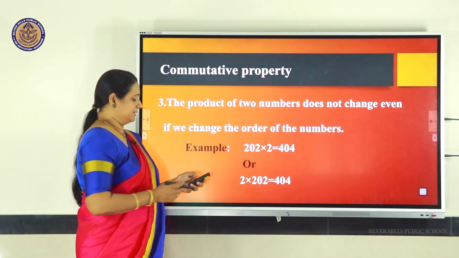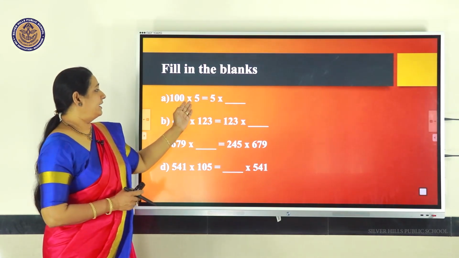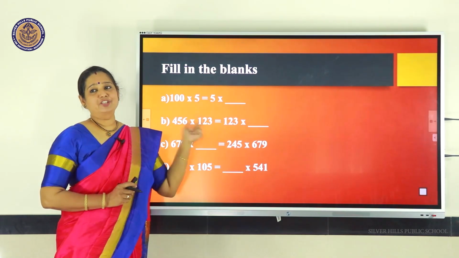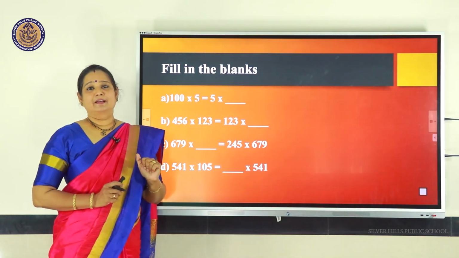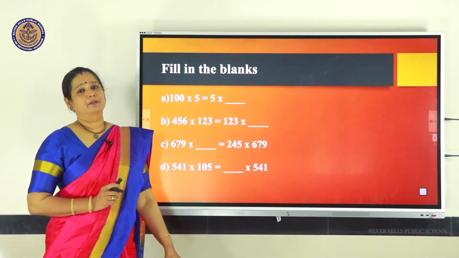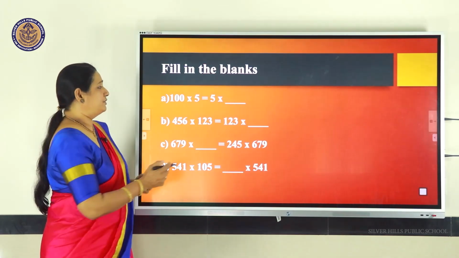Let's do some examples. Fill in the blanks. 100 into 5 equals 5 into dash. Which number will come here? Here you are going to apply the third property of multiplication, that is 100 into 5 is 5 into 100.